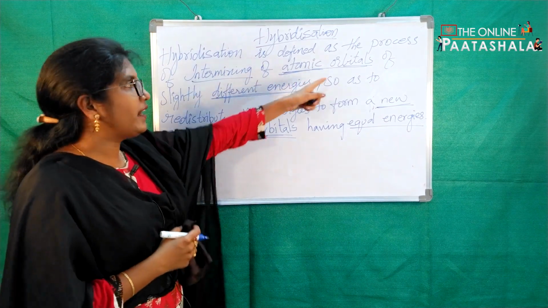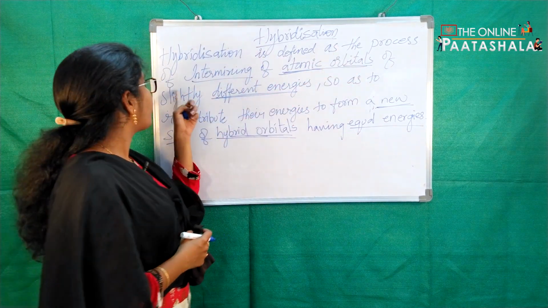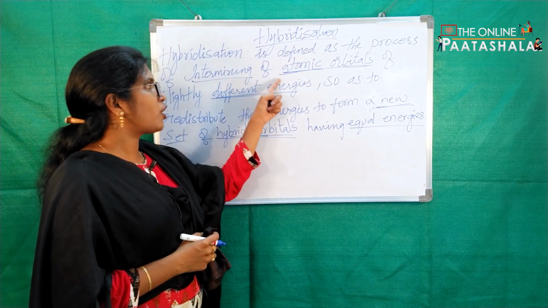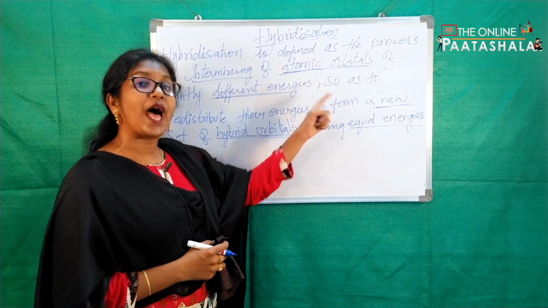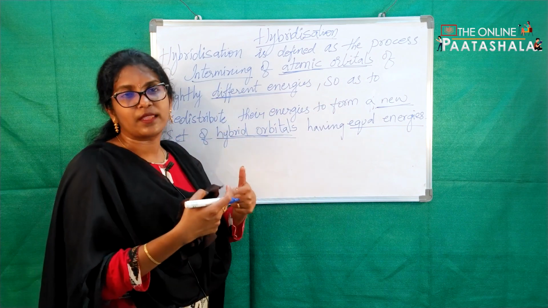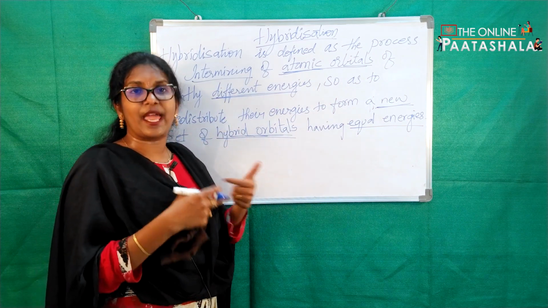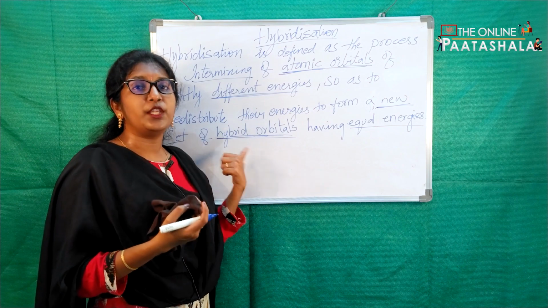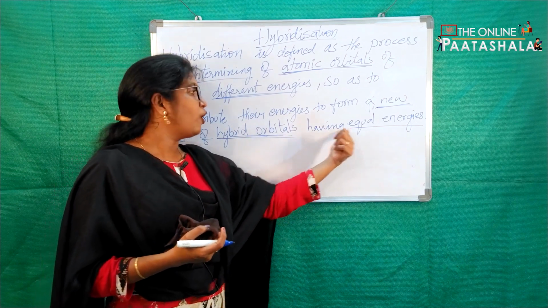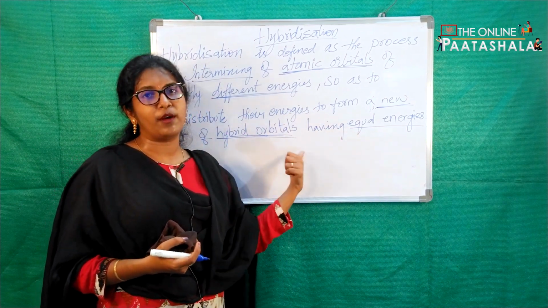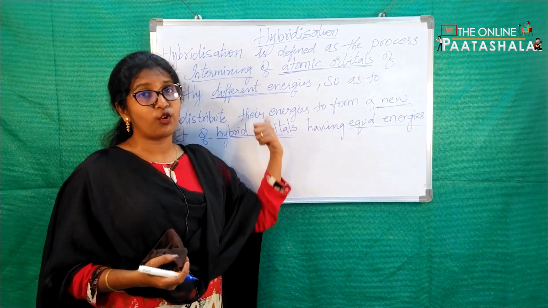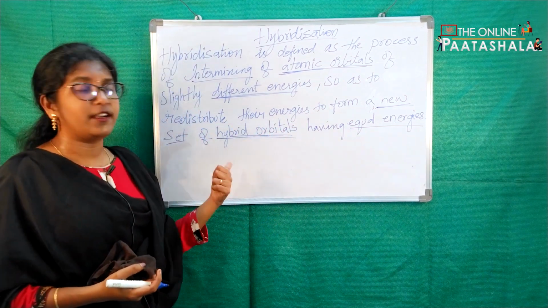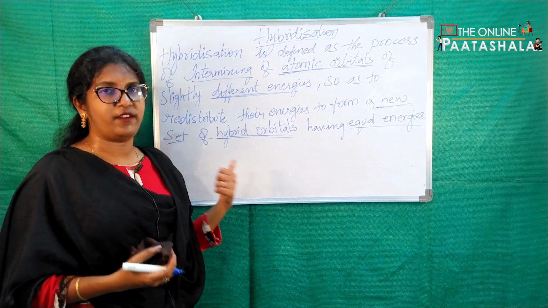Hybridization is defined as the process of intermixing of atomic orbitals of slightly different energies so as to redistribute. That means it will redistribute its energies and form a new set of hybrid orbitals, and these hybrid orbitals will have equal energies. Please note down this definition, it is the most important definition.